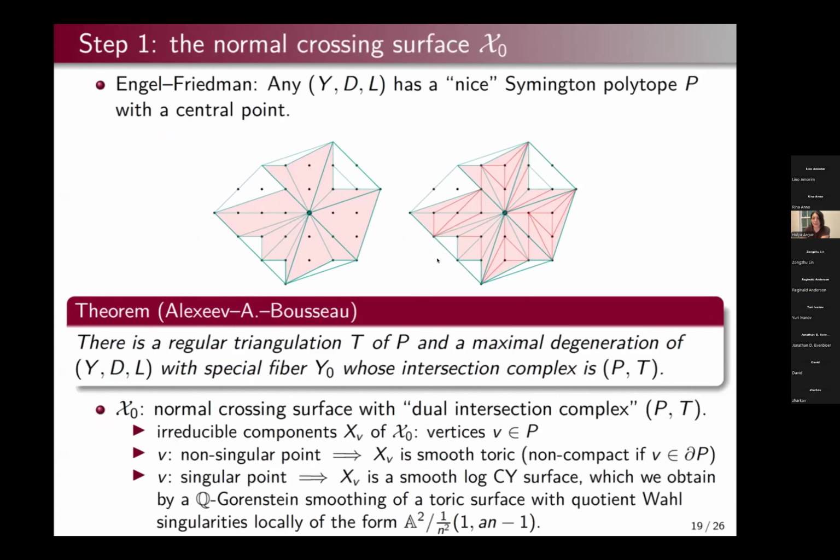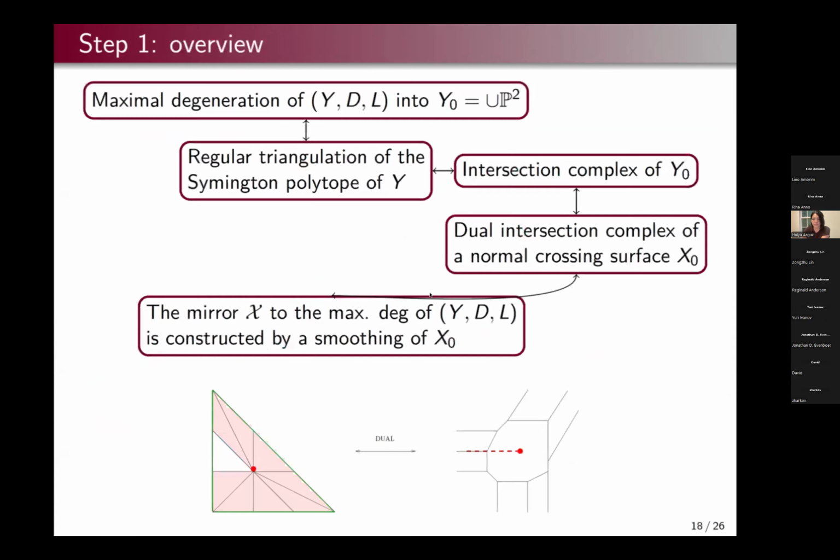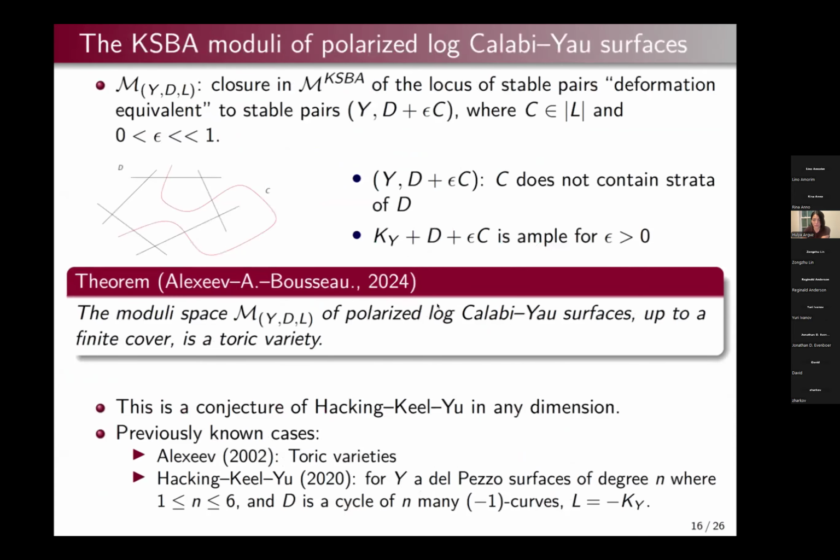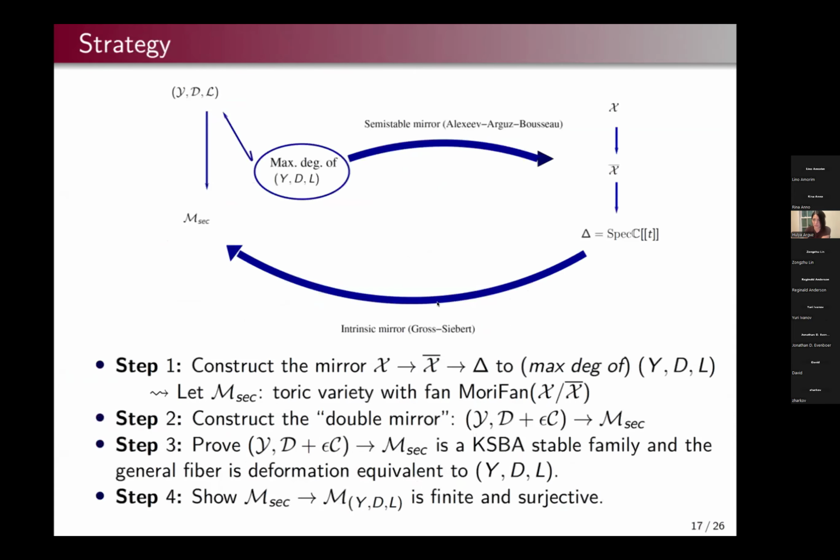Just as a philosophical remark, there is categorical mirror symmetry as well as mirror symmetry, and each have different proposals on what should be the mirror and which properties the mirror should satisfy, and relating each of them is a subtle point.